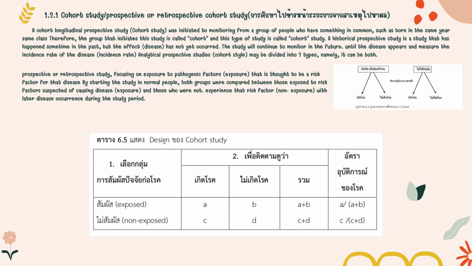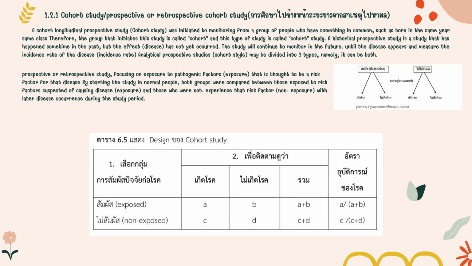A historical prospective study is a study where the exposure has happened sometime in the past, but the effect or disease has not yet occurred. The study will continue to monitor into the future until the disease appears and measure the incidence rate of the disease.